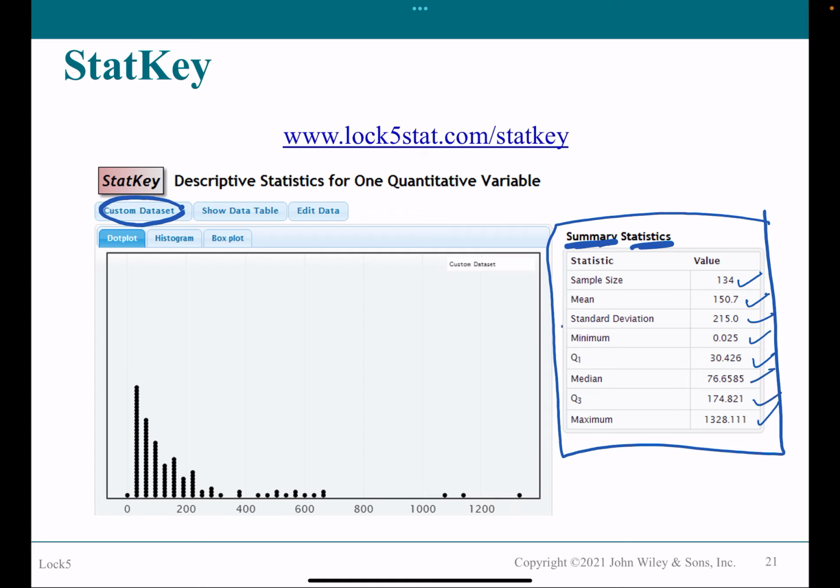So these are the five number summary that you need. Everything is given. You can easily get everything through this stat key, but unfortunately you cannot use the stat key in the exam, so please try to work with your calculator. But for the homework questions, you can easily use the stat key and answer those questions accordingly.